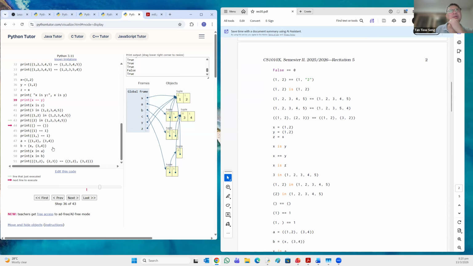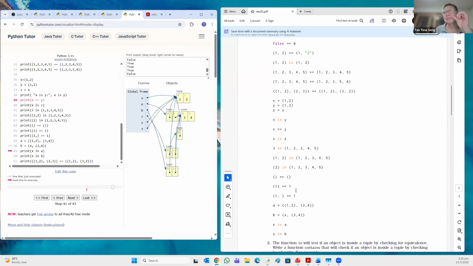Okay, this one true, true, false. Okay, this is the value. x in A, true. x in A in 3.11 is true, yes. x in B, true.